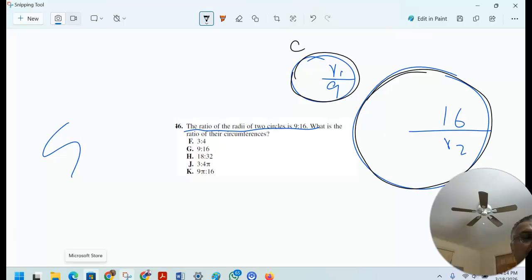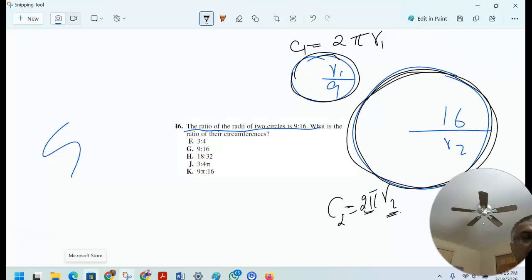The circumference, you can see, because it is the length, this is just a length, right? So circumference is 2 pi r. So the first one will be 2 pi r1 and the second one will be 2 pi r2. Basically, if I want to take the ratio, the circumference grows equally by the same scale factor.